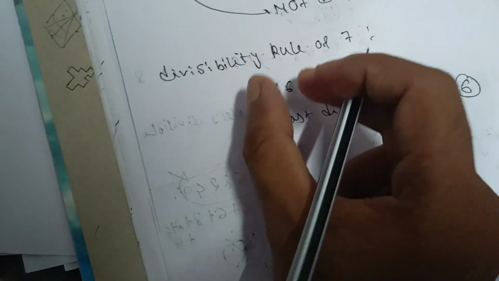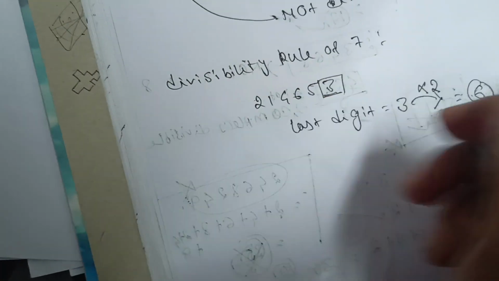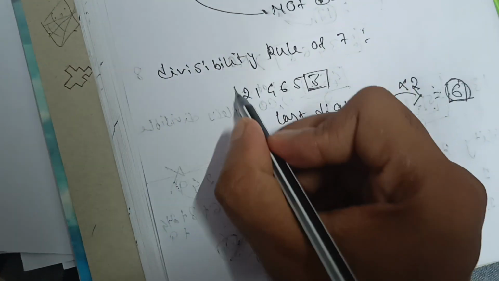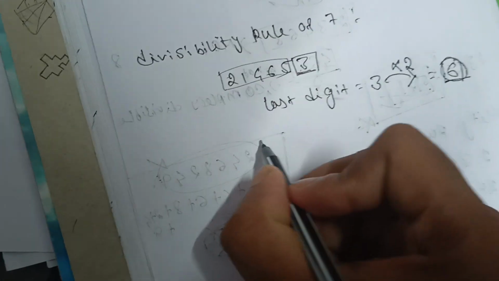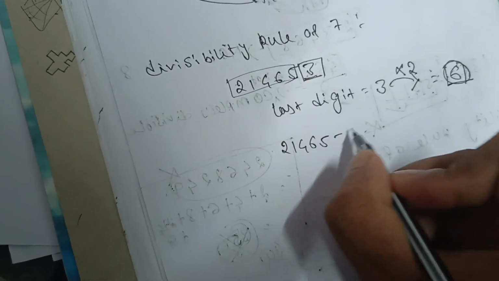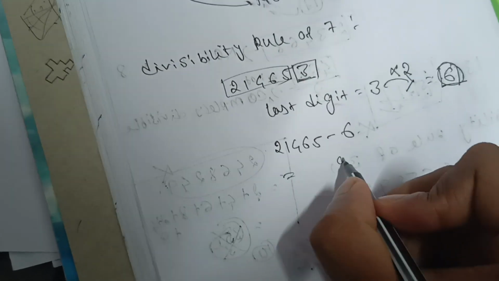Then you have to subtract this 6 from the remaining number. So what you have to do: 21465 minus 6.